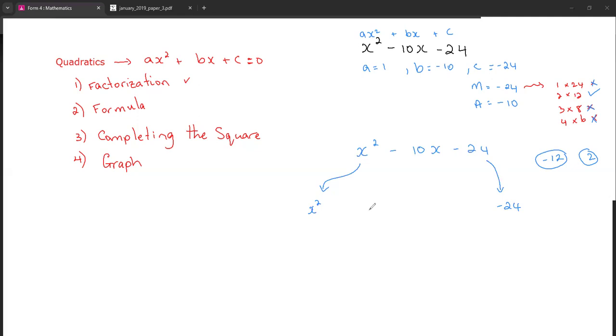I could put the negative 12x plus 2x. So I'm going to put the letter, the variable, onto each of them so that when I add or subtract them back, I'll get what's in the middle, right? Because negative 12x plus 2x will give me negative 10x.